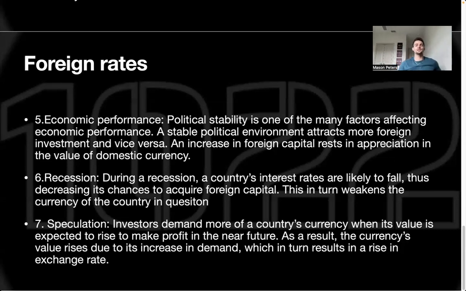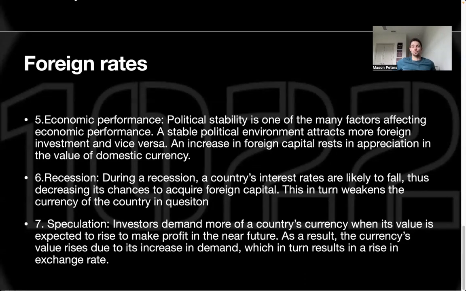Number 7, speculation. This is more of a sentimental, fundamental kind of factor that would influence exchange rates. So investors demand more of a country's currency when its value is expected to rise to make profit in the near future. Let's say that the US has really good advancement in space engineering, and we are about to send a man to Mars, right?